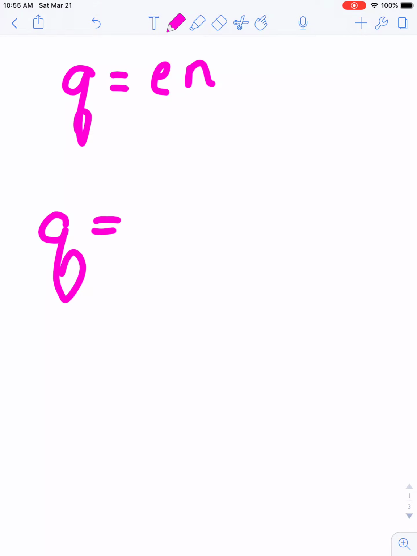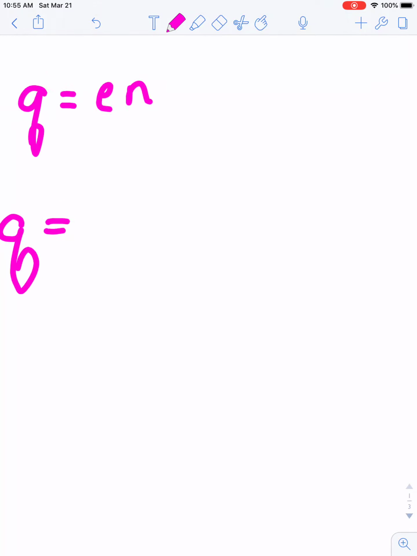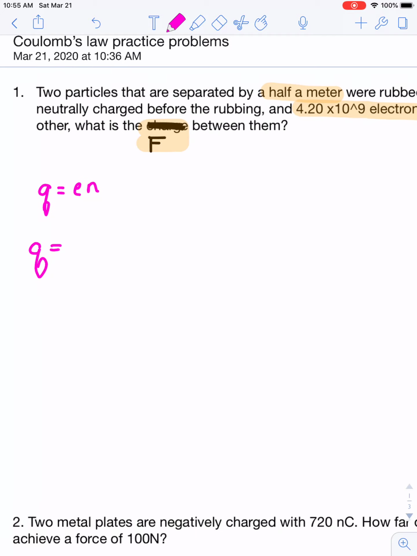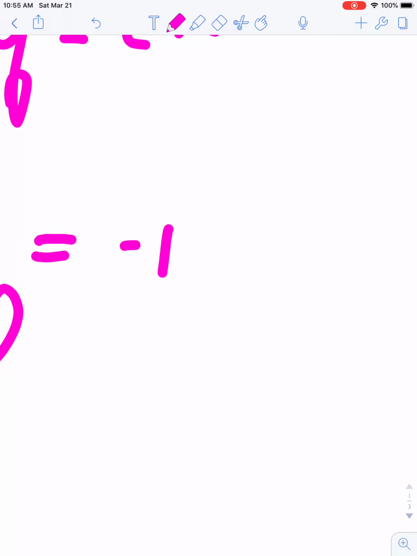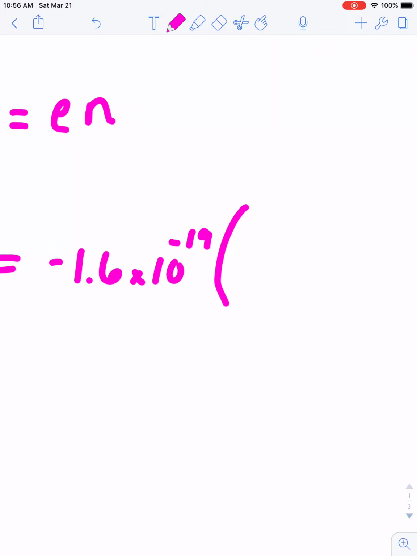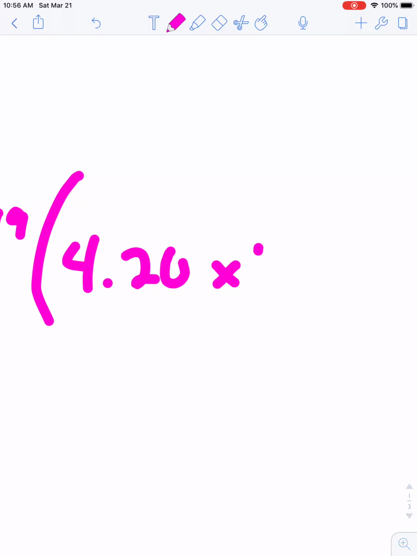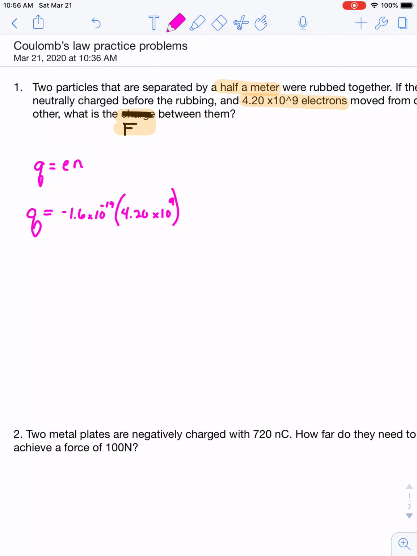So the charge is going to be our elementary charge, which in this case, if you notice, electrons are going to be a negative 1.60 times 10 to the negative 19th power, times the 4.20 times 10 to the 9th number of electrons.